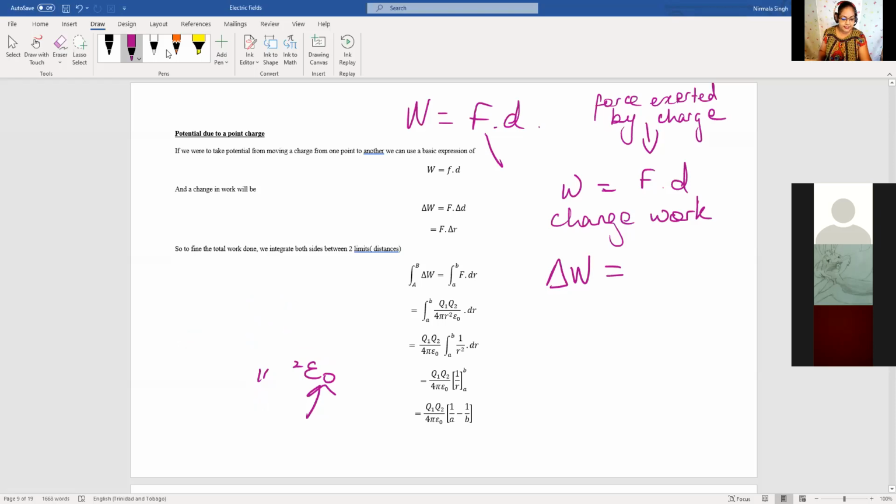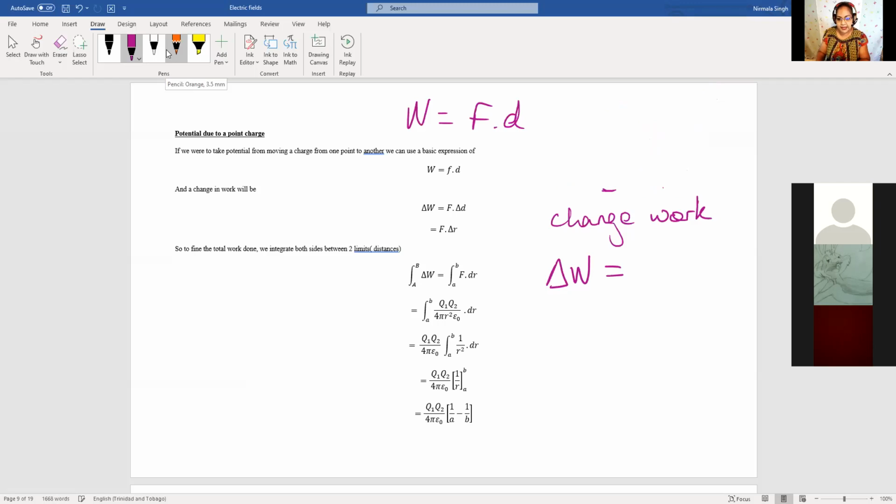When we're looking at potential, remember potential tells us how much energy your charge has. We're going to look at how much work and energy are interchanged. We can interchange them. So we're going to look at how much work a charge can undergo or carry. And we're going to have our equation: work is equal to force by distance.